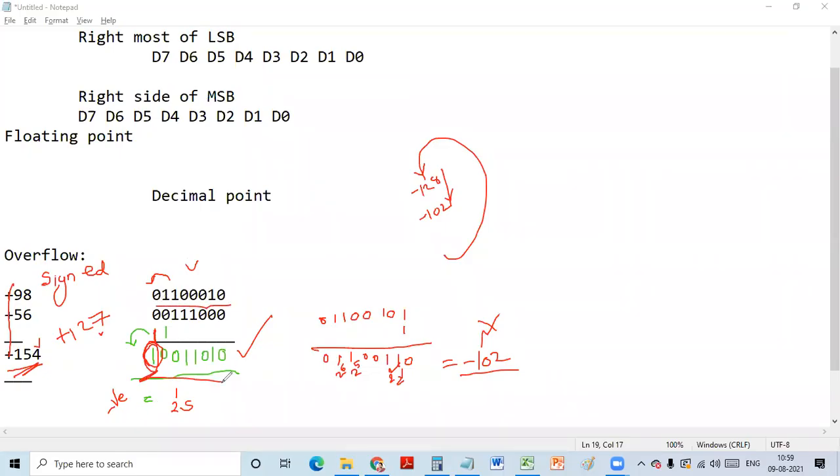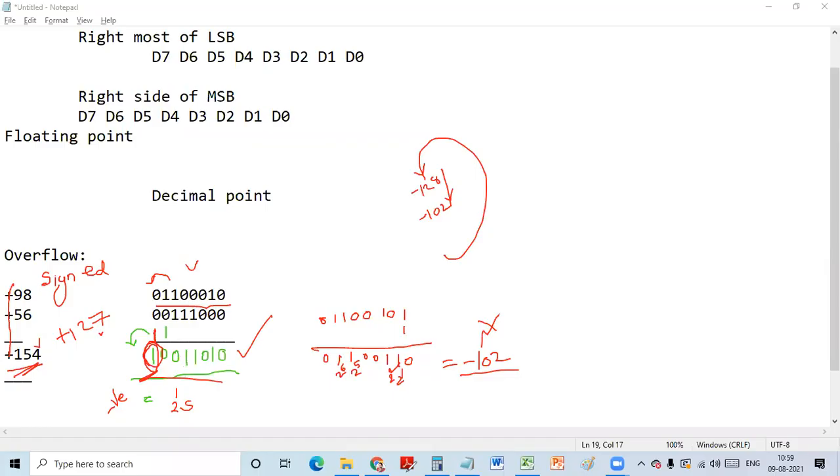You have to apply powers of 2 across the whole way. The addition is the same, whether it is signed or unsigned; only the user has to treat it based on his number representation. If he assumes that he is dealing with unsigned numbers, then he will apply powers of 2 to all the values. So then I will get plus 154.